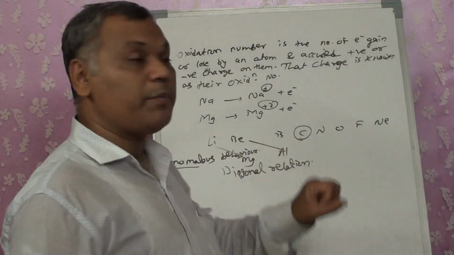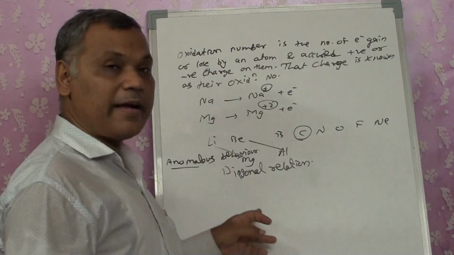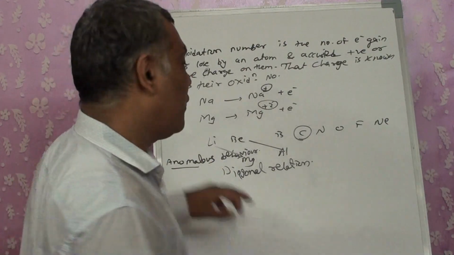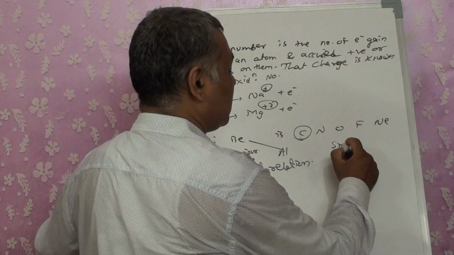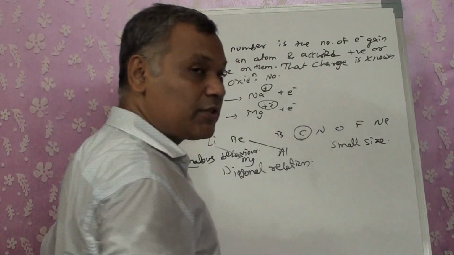Now what is the reason behind this? The reason for this anomalous behavior or diagonal relationship is because of their small size. That is the first reason.